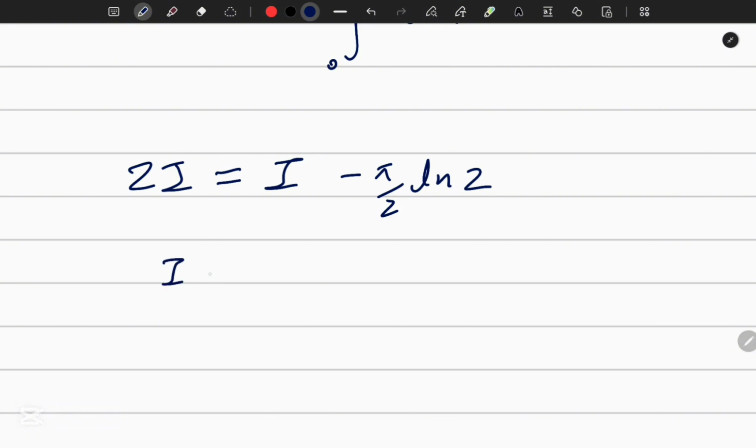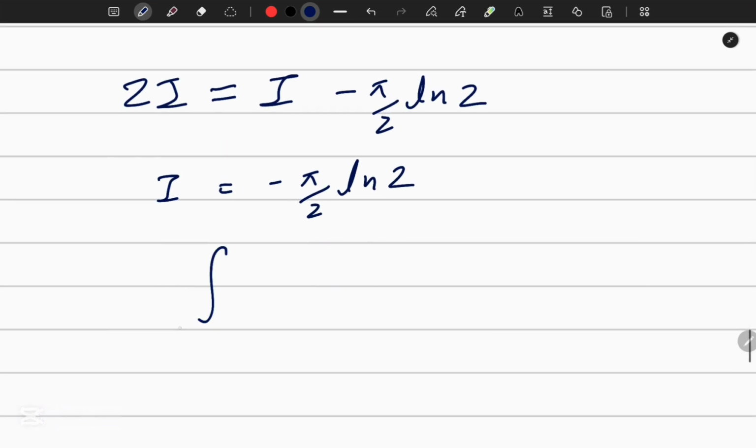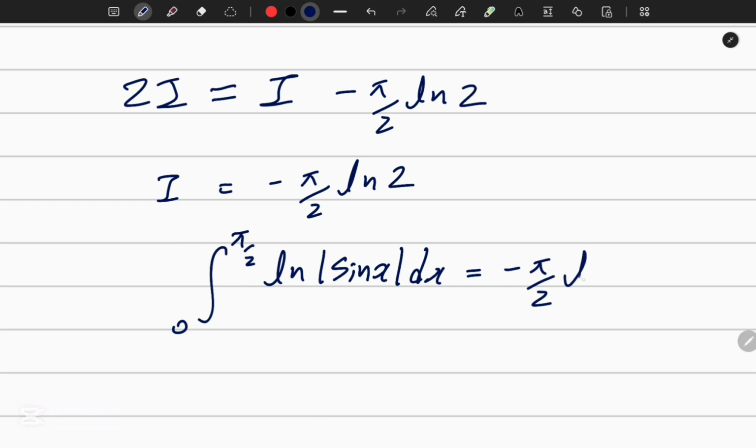I can simplify this as I equals minus π/2 ln 2. So the integral from 0 to π/2 of ln sin x dx equals minus π/2 ln 2.